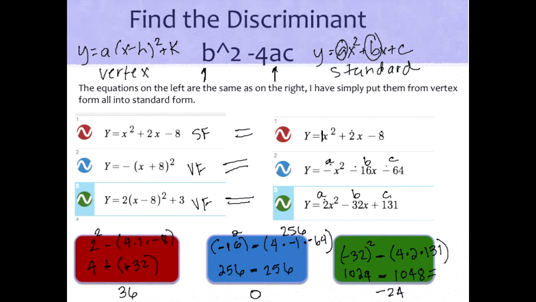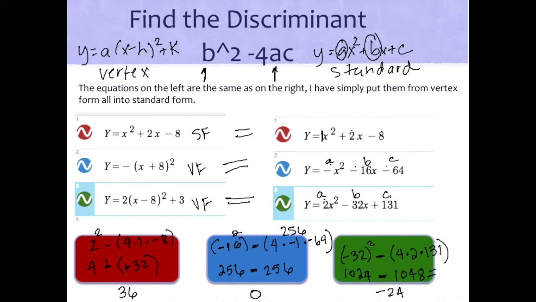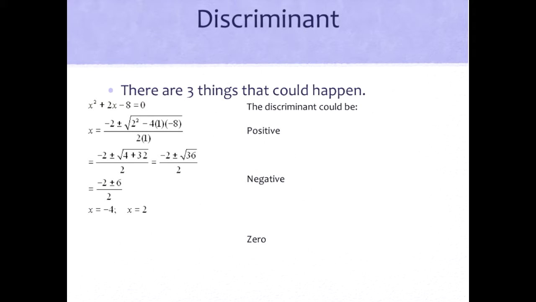Great. So three things can possibly happen: a positive discriminant, a negative discriminant, or a discriminant of 0. What I have done here is take the very first equation, the red one, and plug it into the quadratic formula.